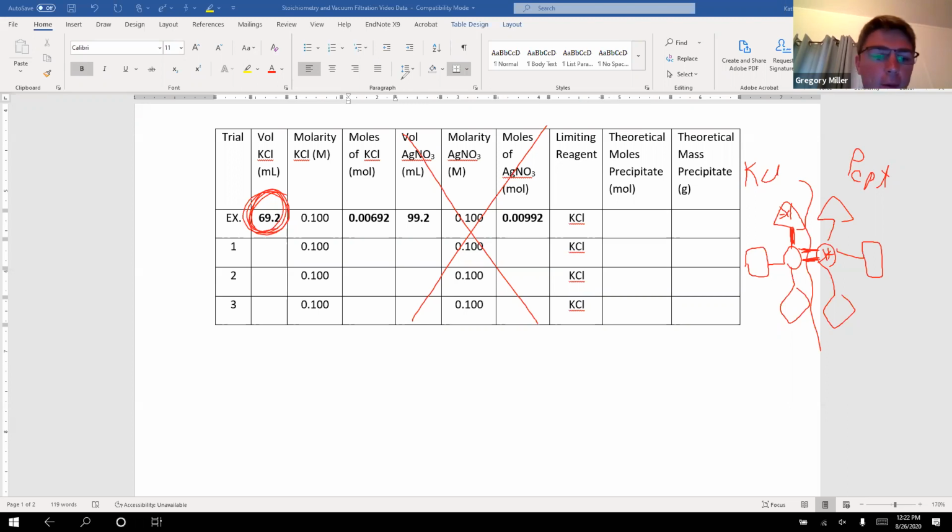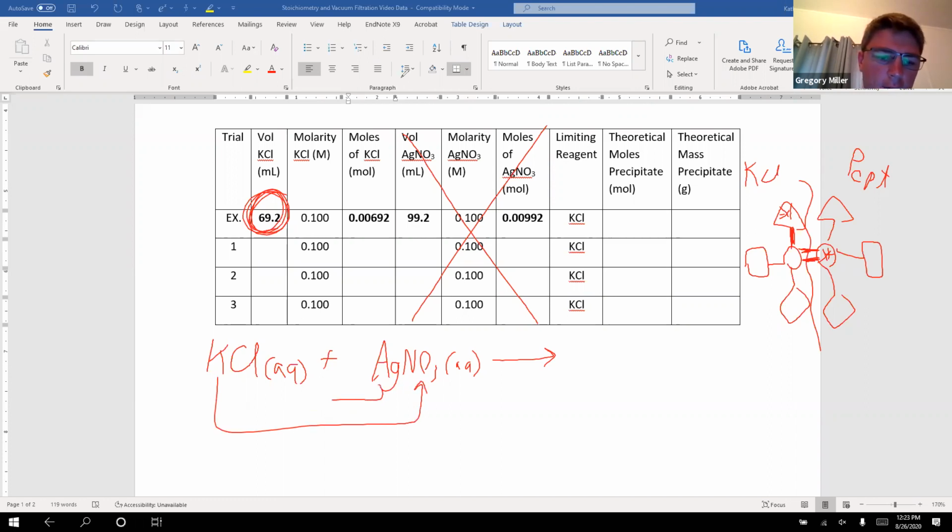So this is a double displacement reaction, so you guys should be able to figure out the products. And be able to balance it. So we mix KCl and AgNO3 in a double displacement reaction, meaning, potassium is going to go with the nitrate, and silver is going to go with the chloride.